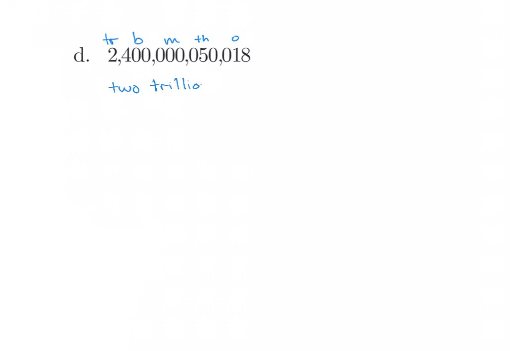Include a comma. The next period, we have 400, period name is billion. We include a comma.